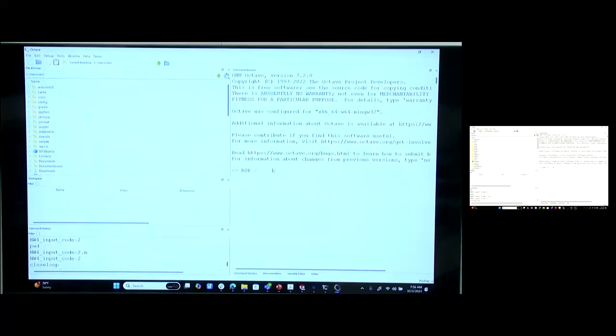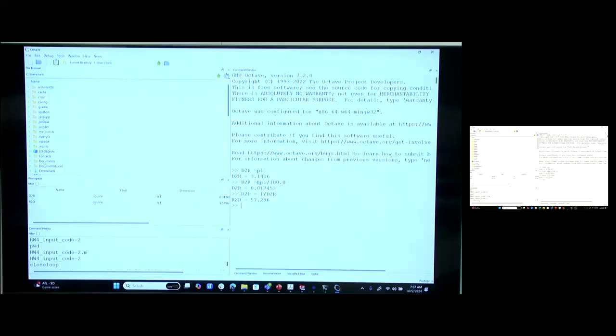How do you get pi in MATLAB? Just pi? Oh, okay. So degrees to radians is pi over 180, and radians to degrees is 180 over pi, so I need to have that.